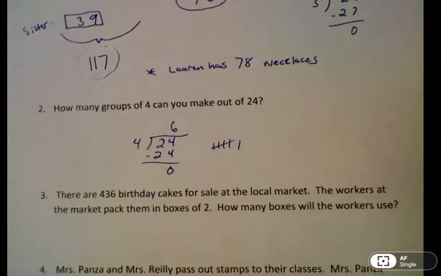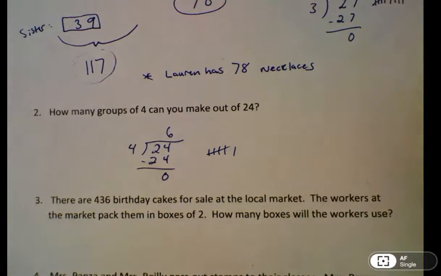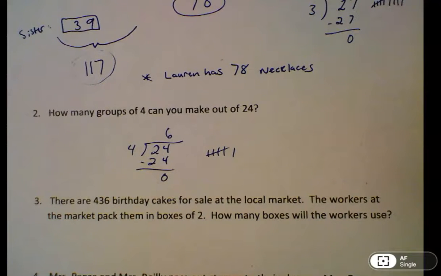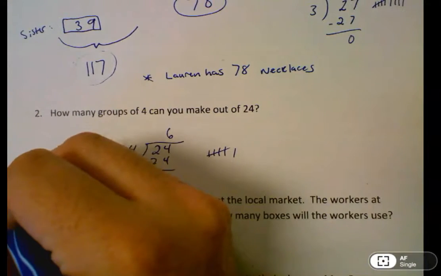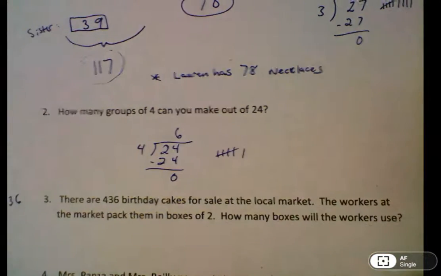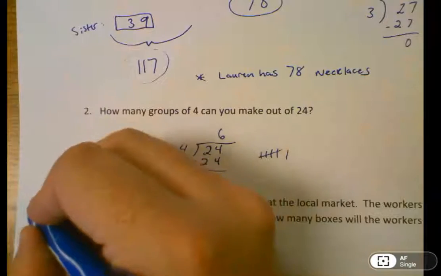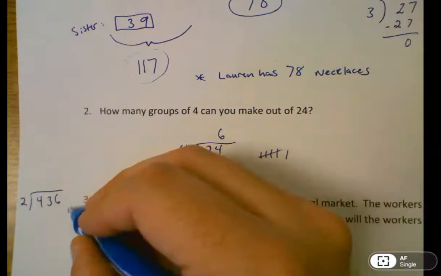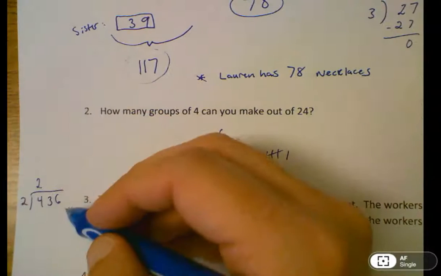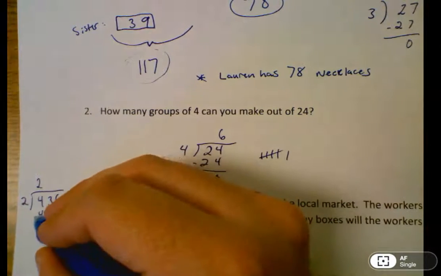Number 3 says, there's 436 birthday cakes for sale at a local market. The workers at the market pack them in boxes of 2. What do I know? That there's 436 birthday cakes, and they're packing them in boxes of 2. 2 goes into 4 twice. 2 times 2 is 4.